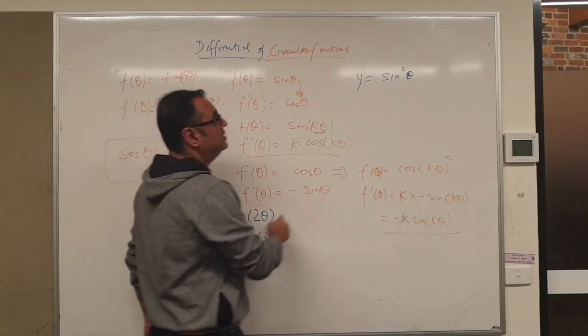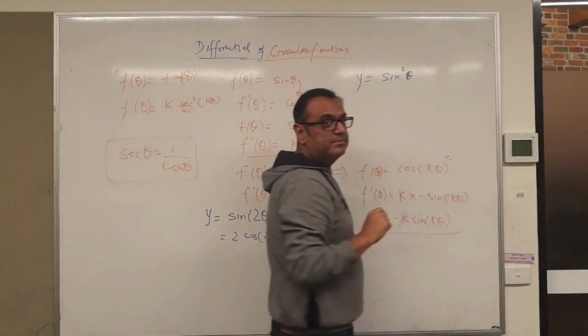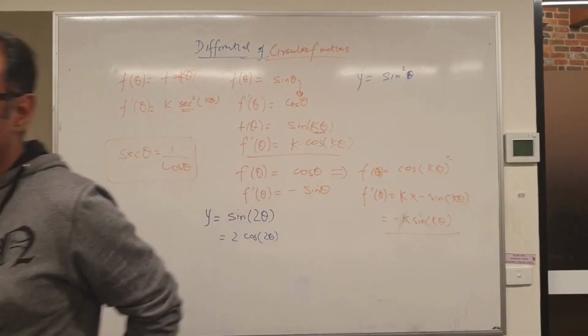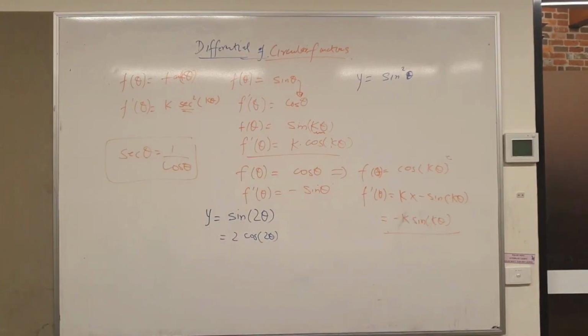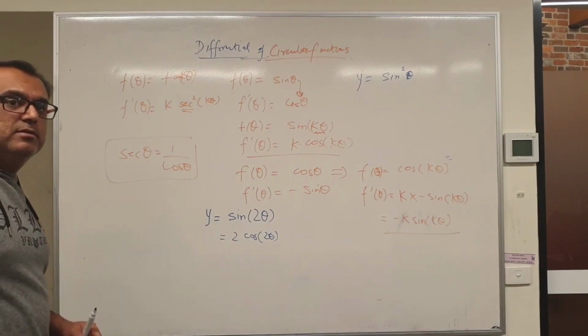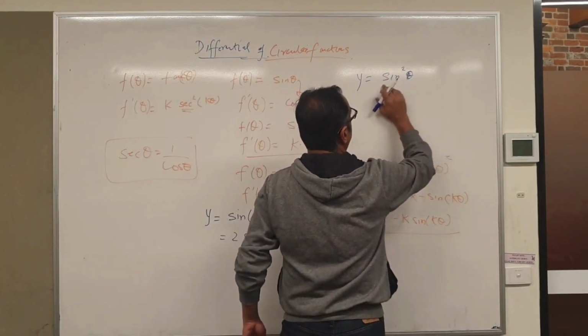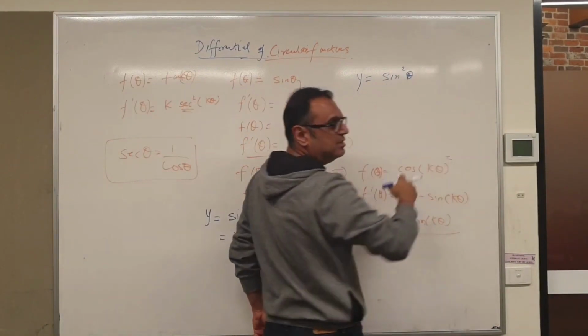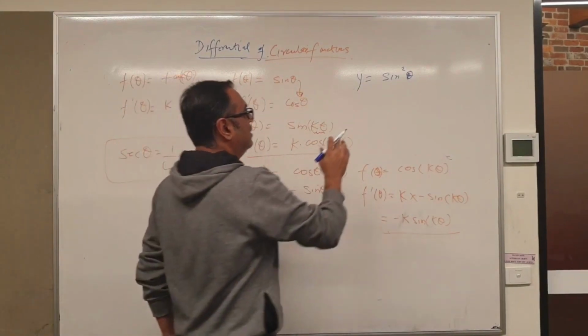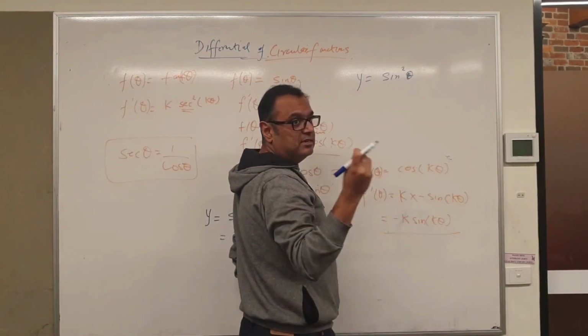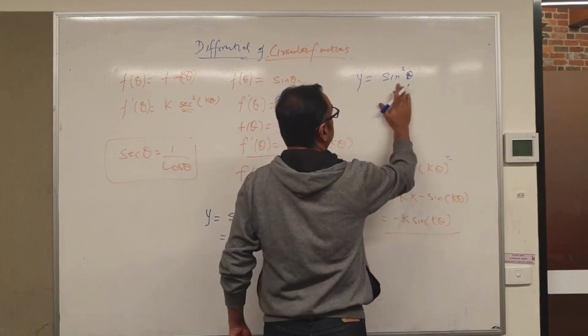Sine 2 theta and sine square theta. Do we just put it at the front? No. Apologies, you can't. Chris, any thoughts here? No. So you can't say 2 sine cos theta. This square is not that straightforward.